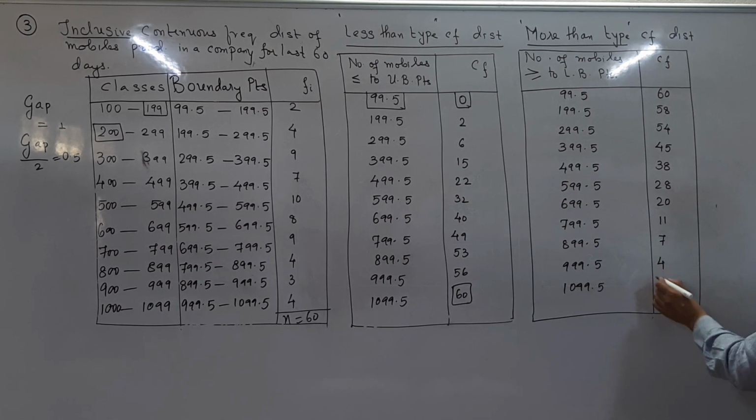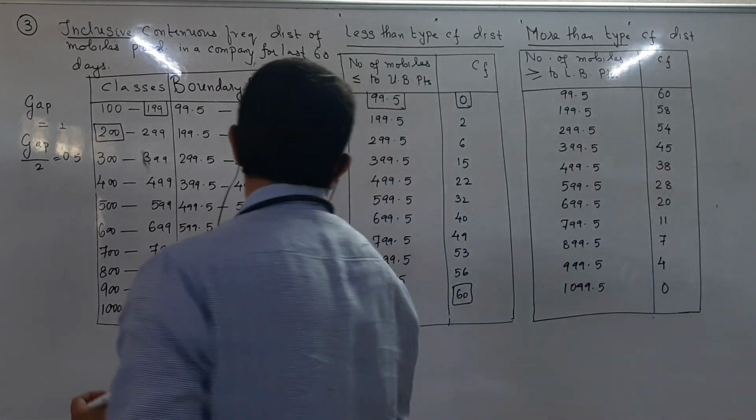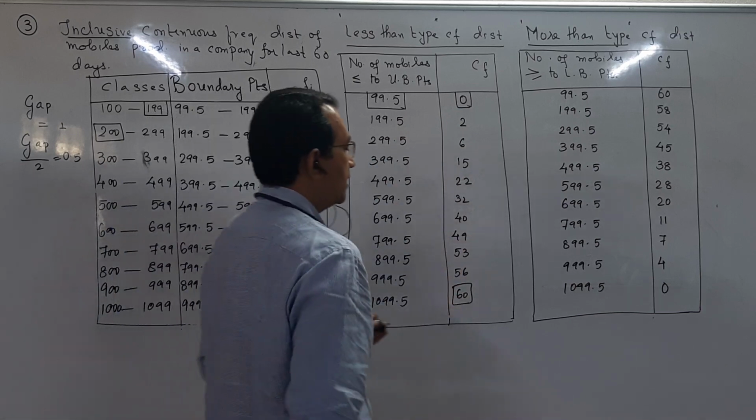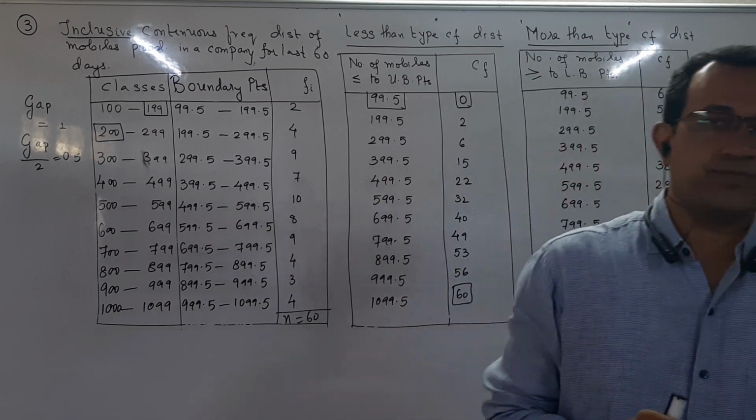And 4 minus 4, 0. So here we start from 0 and end at total. And here we start from total and end at 0.